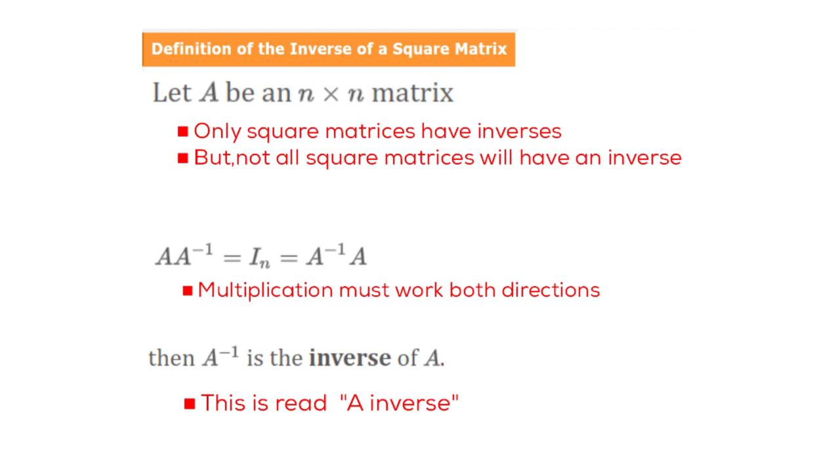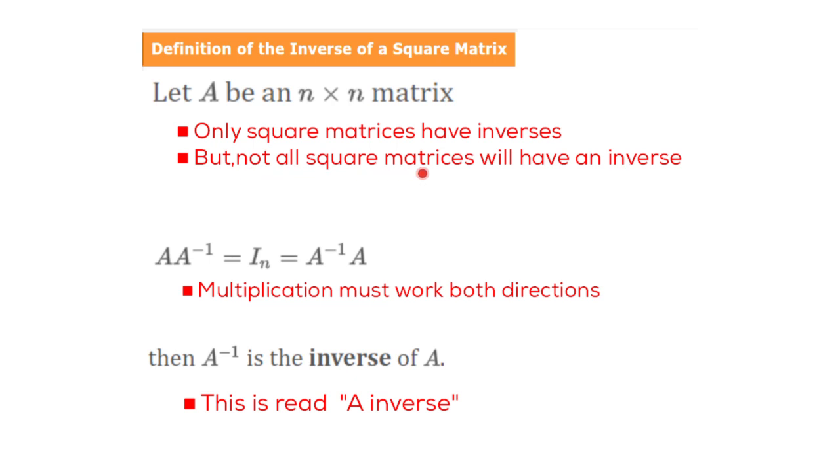Just a few rules about this, to reiterate some of the things I've already said. A is going to be an n by n matrix. So notice n by n: rows and columns are going to be the same. So only square matrices even have inverses that we're going to be looking for. Now, just as a side note, not all square matrices have an inverse.